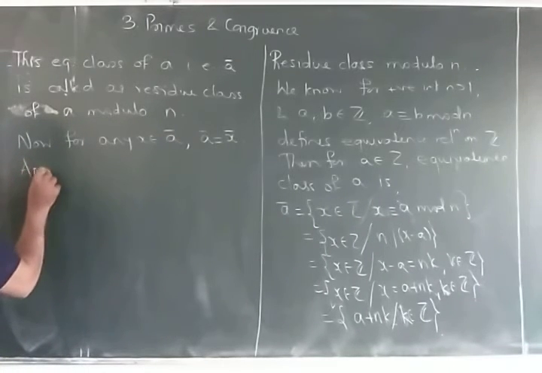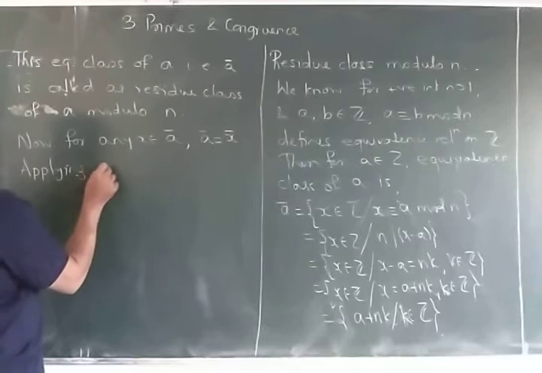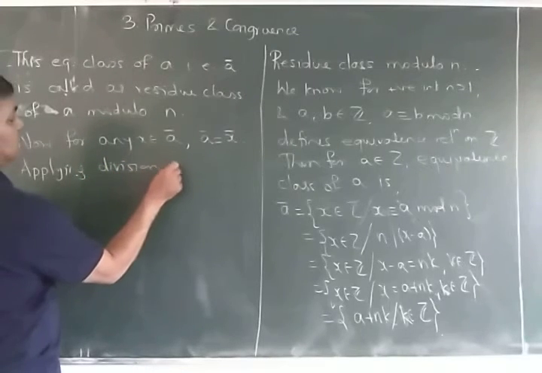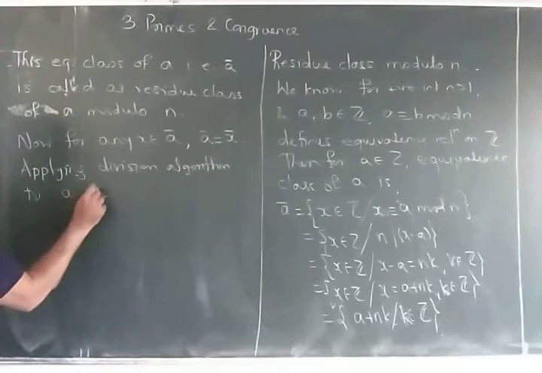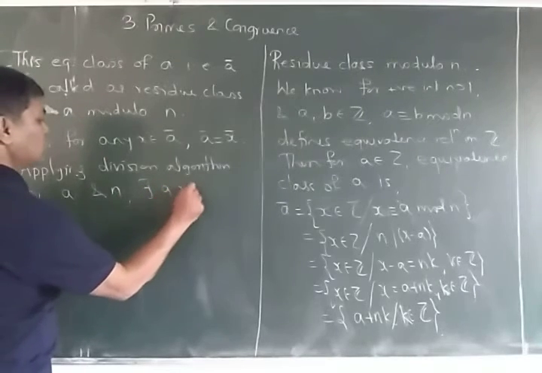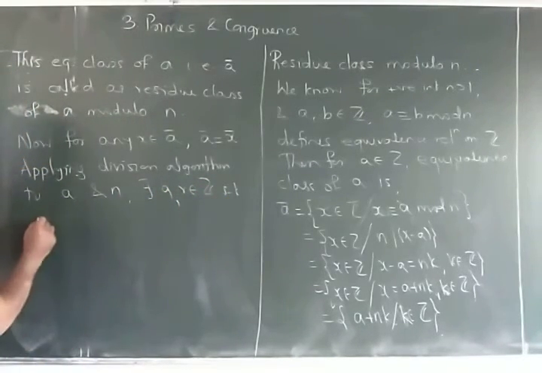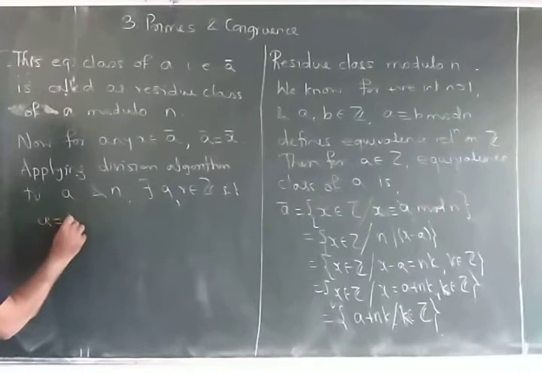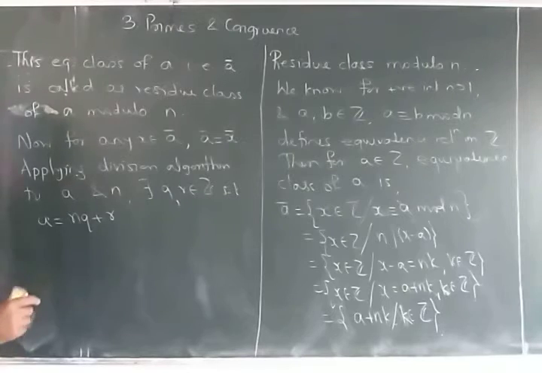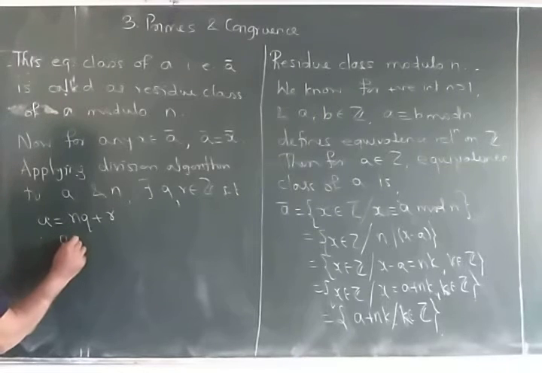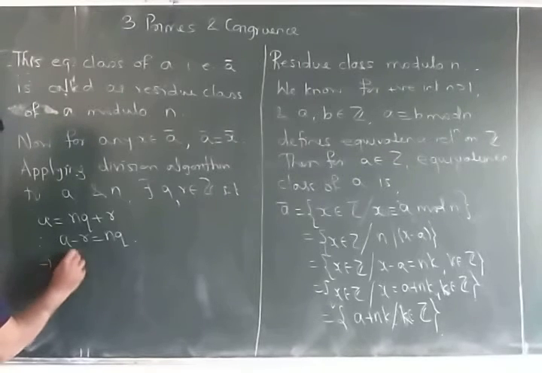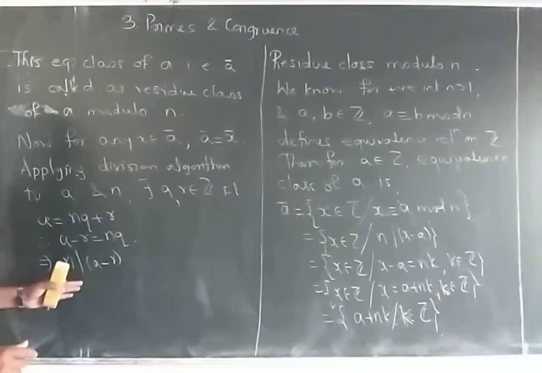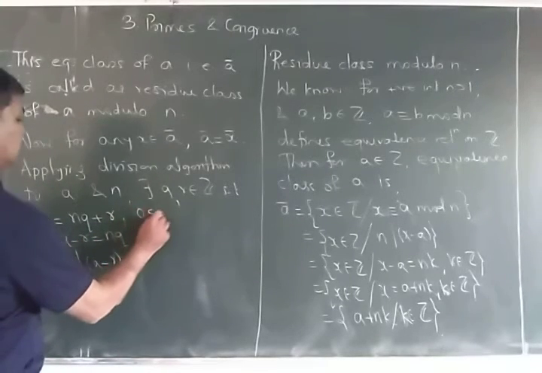Applying the division algorithm to a and n, there exist q, r belonging to Z such that a equals n q plus r, and therefore a minus r is equal to n q, which implies n divides a minus r, with r greater than or equal to 0 and less than n.